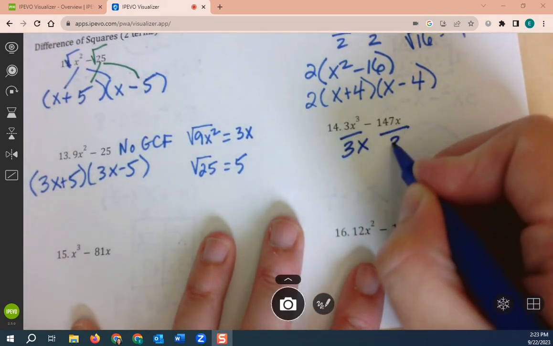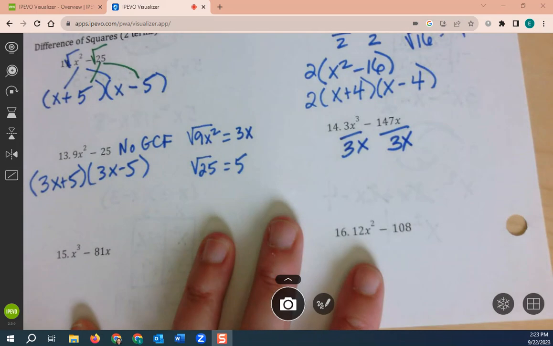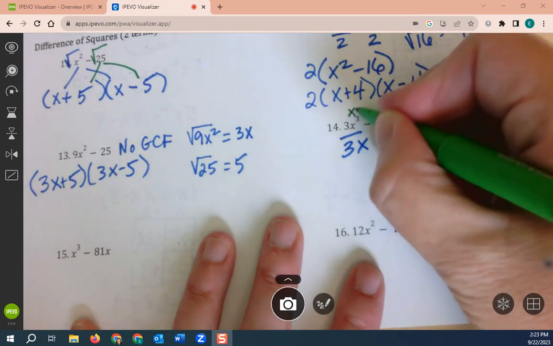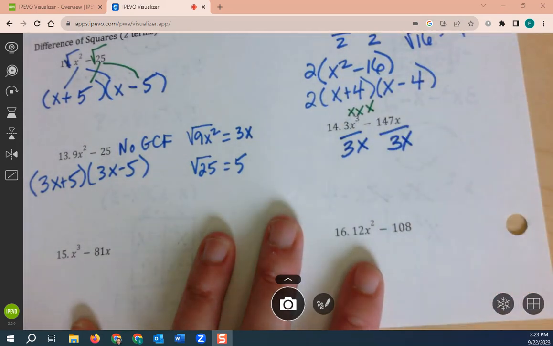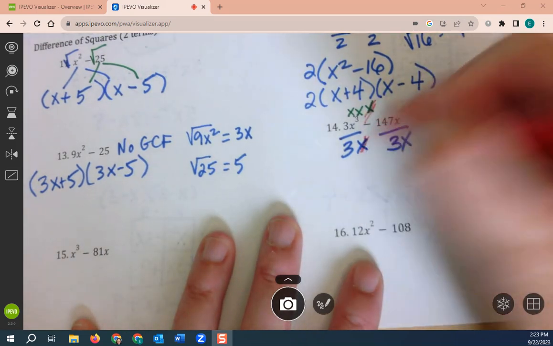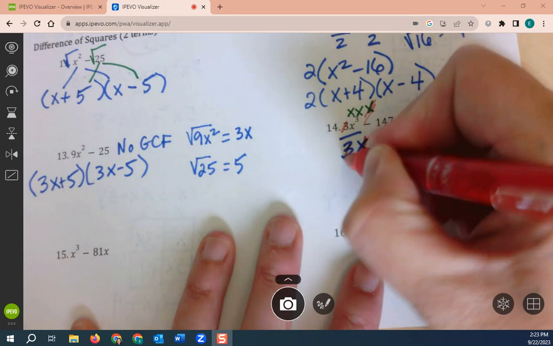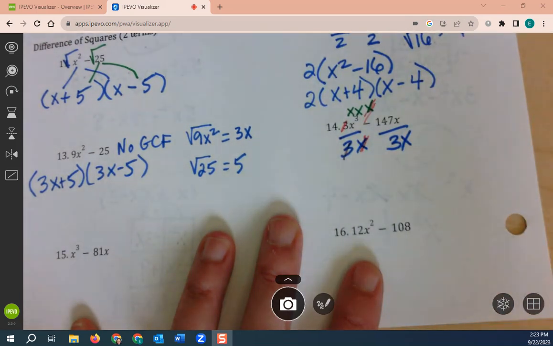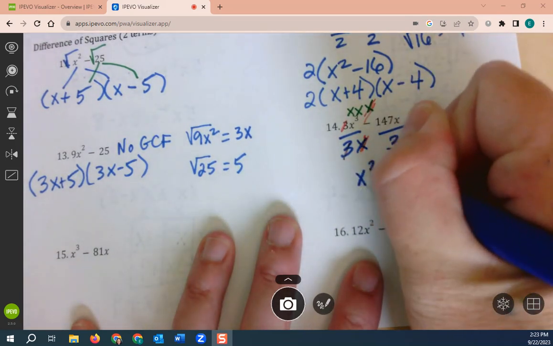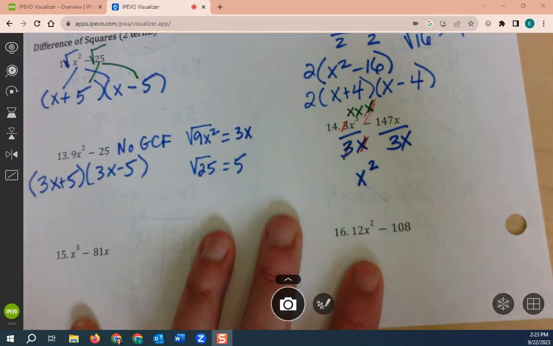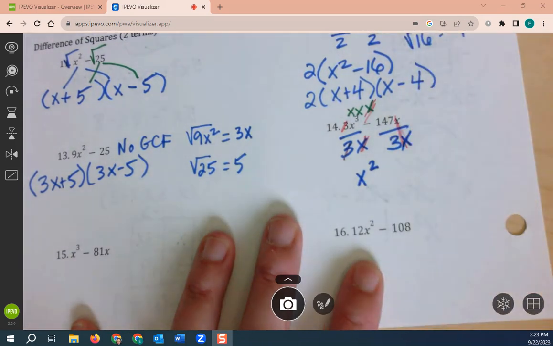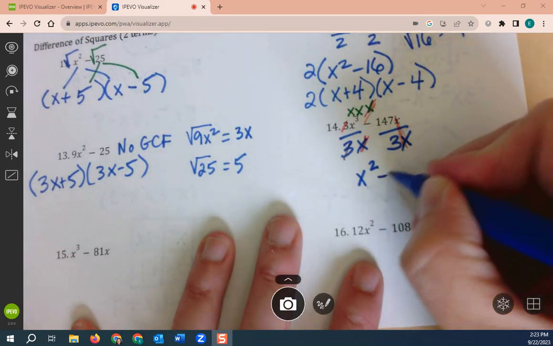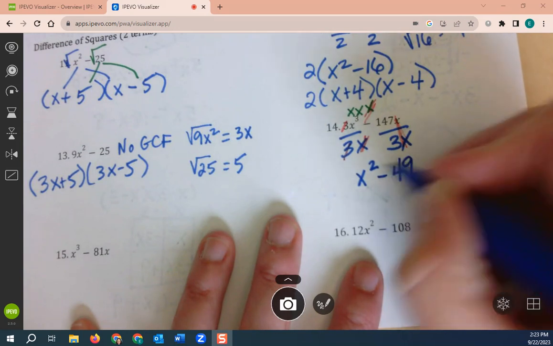Factoring out 3x. So we said x cubed is x times x times x, and so one of those x's will cancel out with this one. The 3 will cancel out, and so that's going to leave you with x squared. And then over here, these x's cancel out, and 147 divided by 3 is going to give you minus 49.